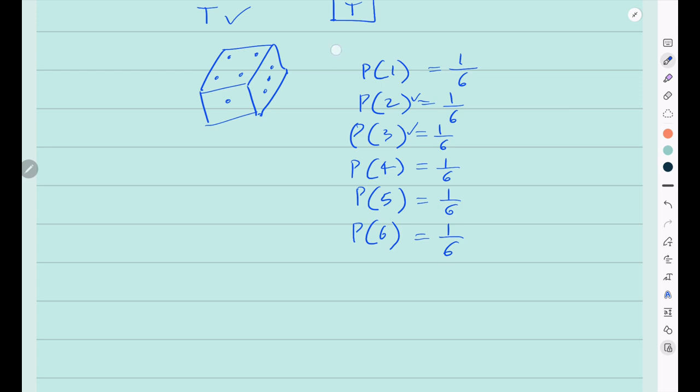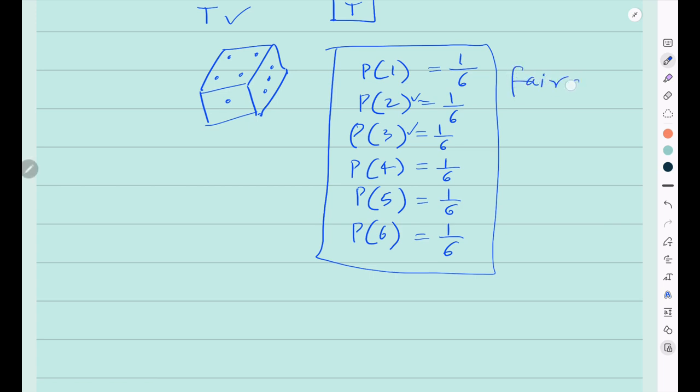So in a fair dice we have all equally likely events of getting any of the outcomes, and then it is called a fair dice.